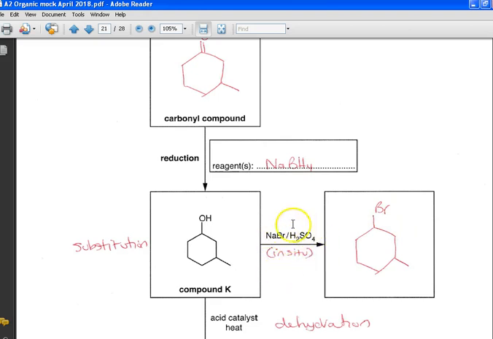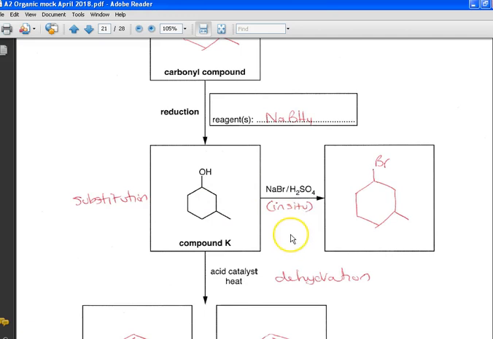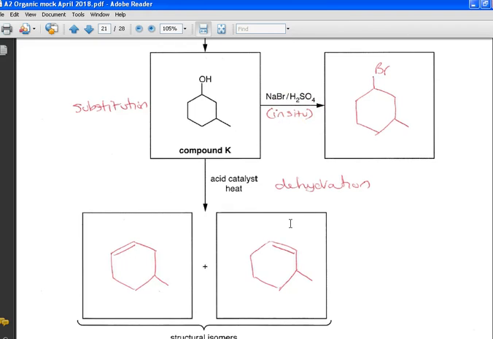Remember these conditions are from AS, where the halide ion is formed in situ in the reaction mixture. So sodium bromide, you can't just add in hydrogen bromide or something like that. It's actually produced in situ.